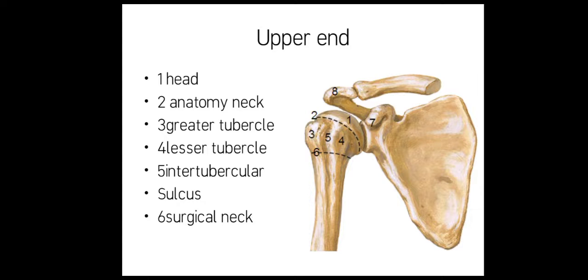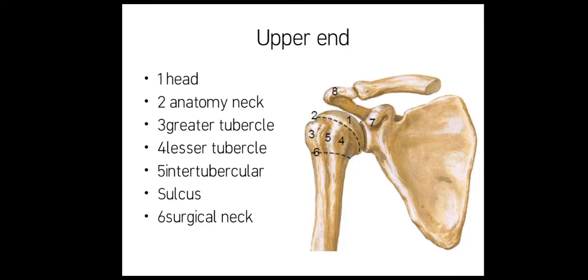Here you can see we cannot see most of the head because it is directed upwards, backwards and medially. Basically, it makes up 1/3 of the total glenoid cavity. The glenoid cavity is the cavity present in the scapula, and the head interacts with it to form the shoulder joint.